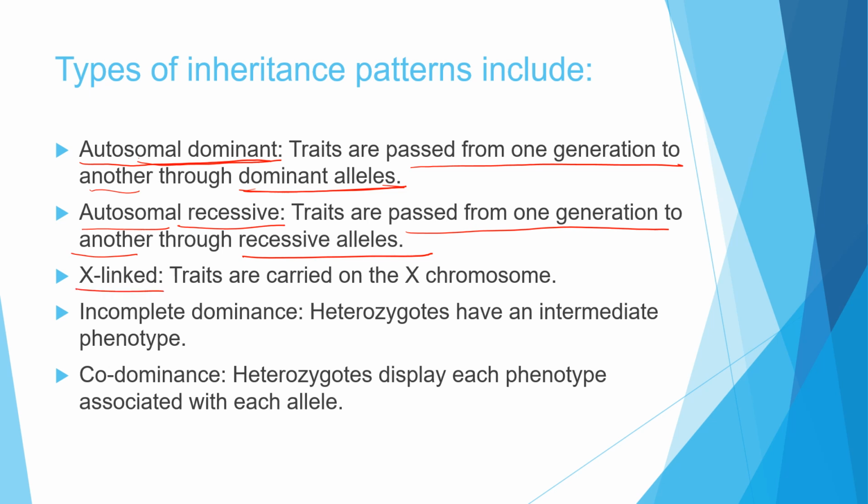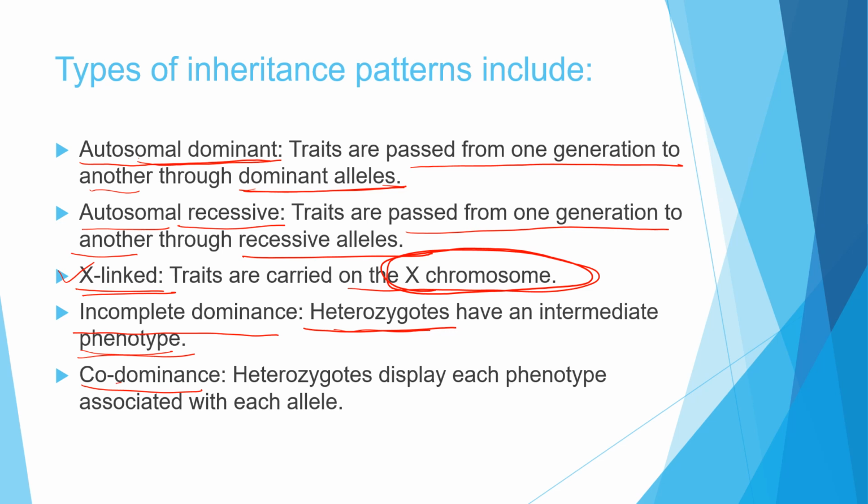Now X-linked is there, that is traits carried on the X chromosome only. Traits means diseases which are carried from one generation to another on the X chromosome only. Then incomplete dominance is there, where heterozygotes have an intermediate phenotype.